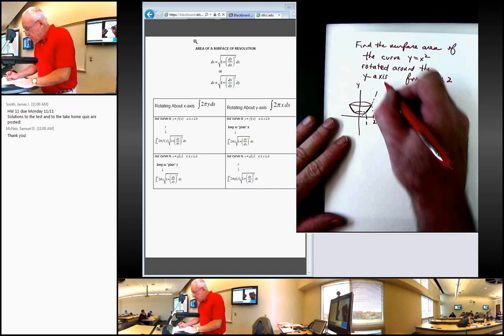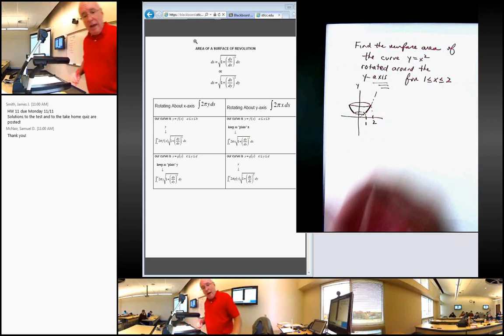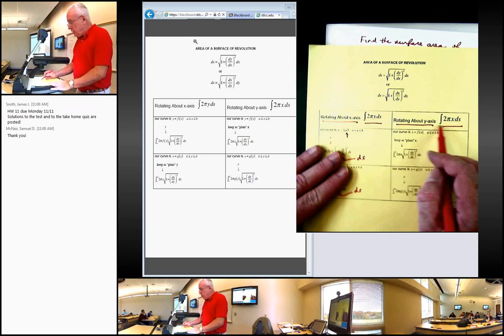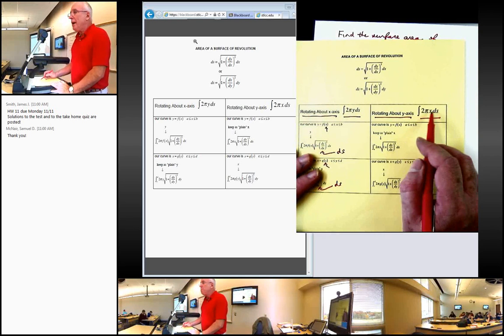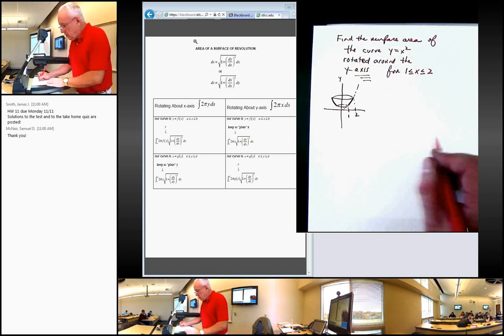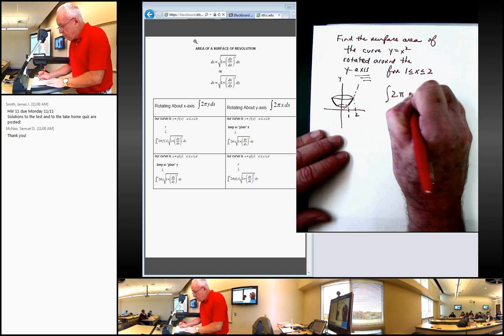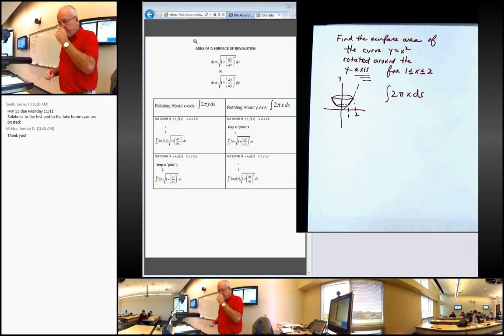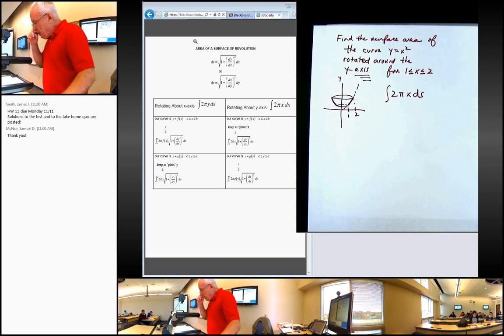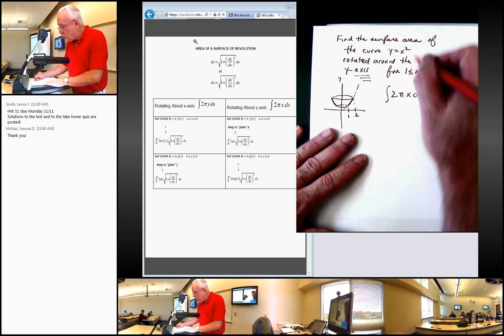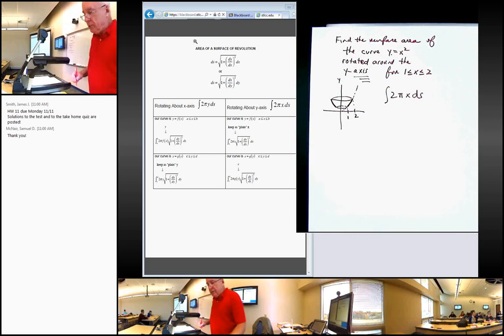Now, since we are rotating it around the y-axis, we're going to use the general formula, integral 2 pi x ds. That's the formula we're going to use. Here, we have y in terms of x again.